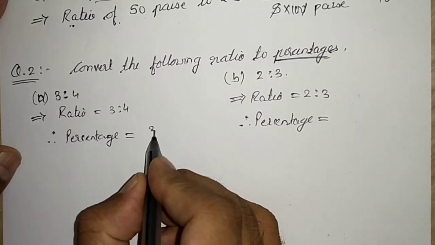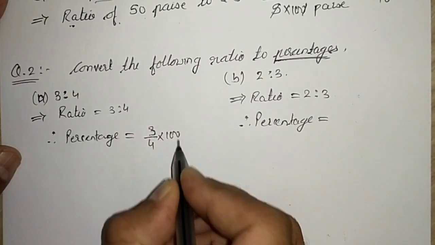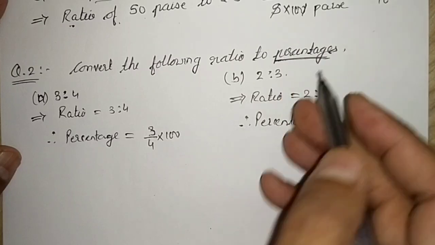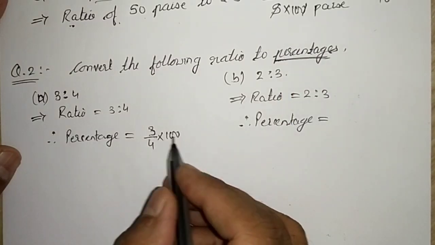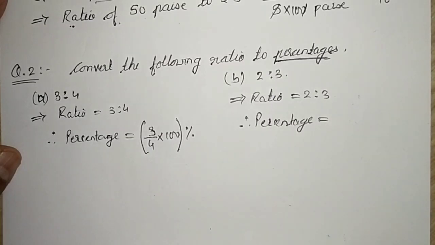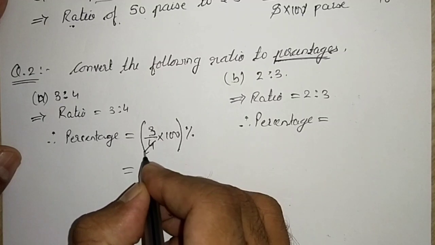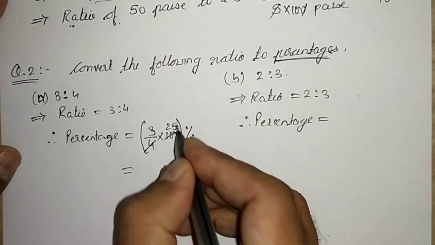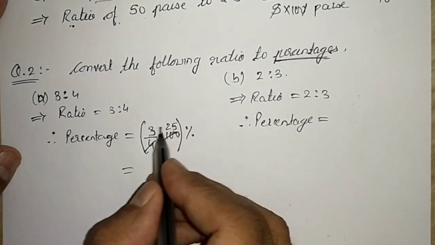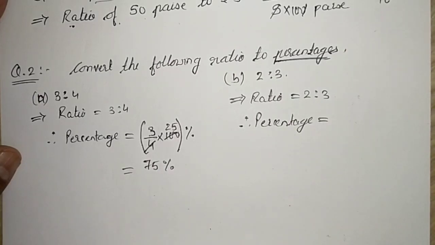We write 3:4 in the fraction form as 3/4. Multiply it by 100. If you want to convert it into percentage, you multiply by 100 and put the percentage sign. And what is 100 divided by 4? 4 ones are 4, 4 twenty-fives are 100, and 25 threes are 75.